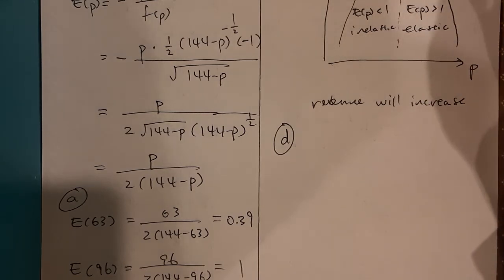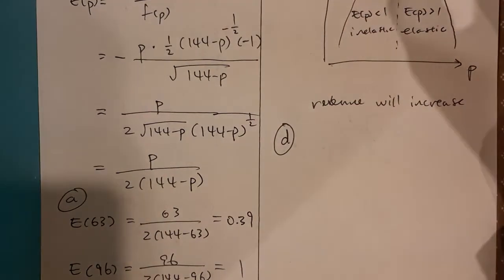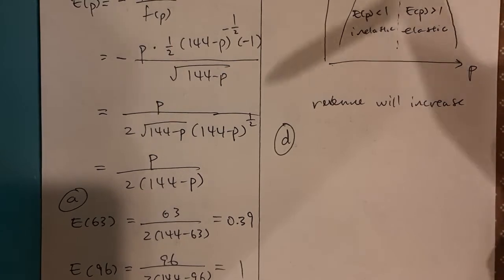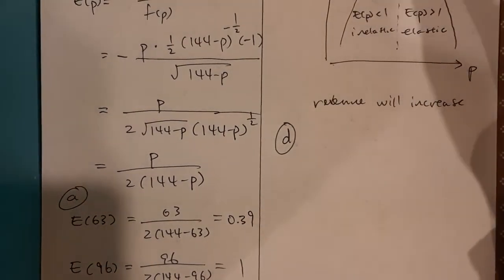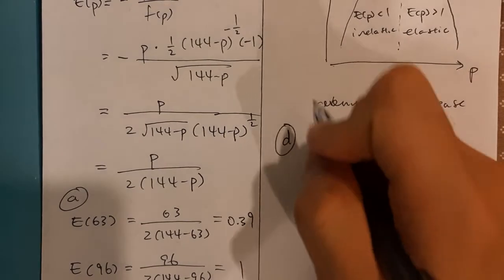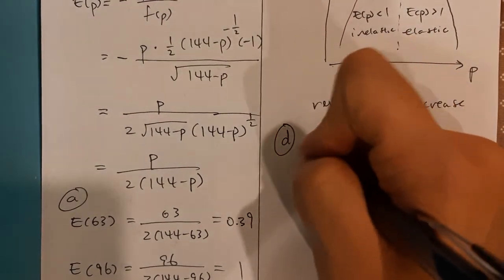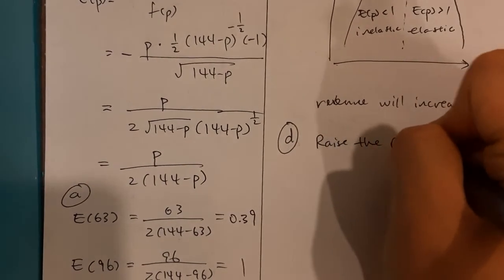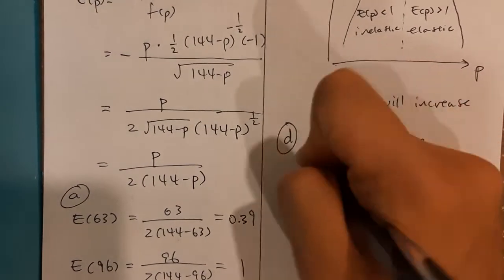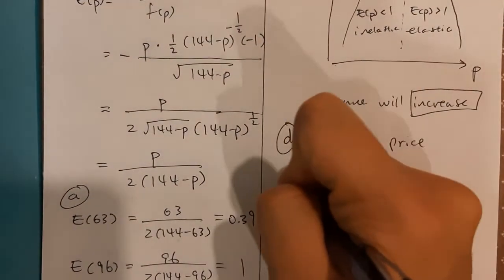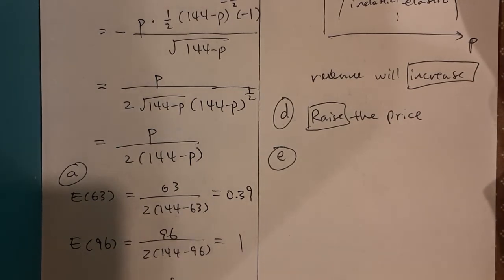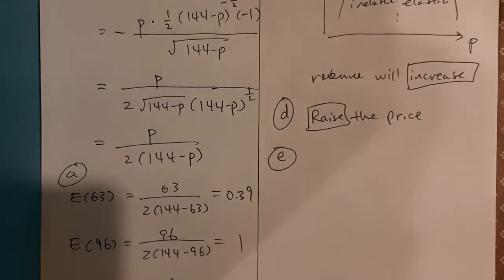D, at a unit price of $63, should the unit price be raised or lowered in order to increase the revenue? So at 63, we're on the left side, inelastic. If you want to increase the revenue, that's in this direction, so you need to raise the price. E, at a unit price of $96, should the unit price be raised or lowered in order to increase the revenue?